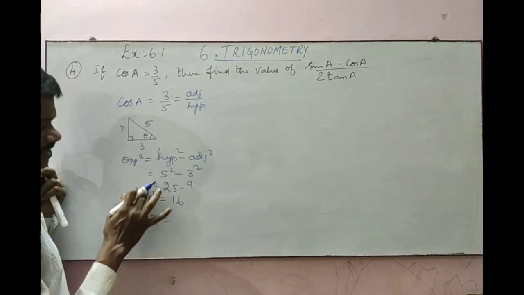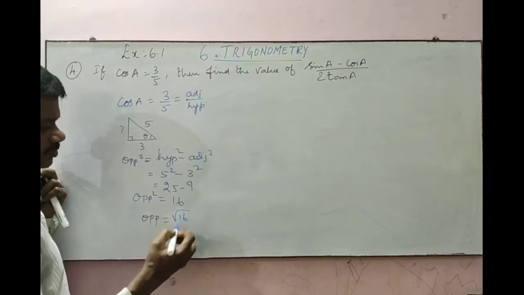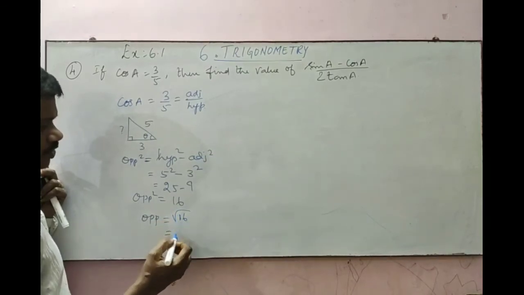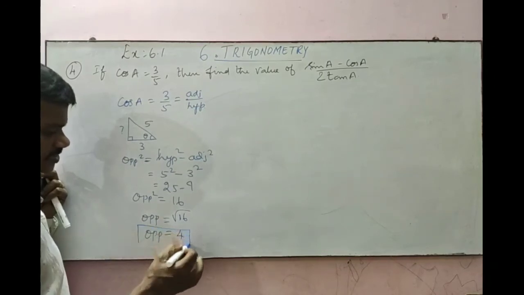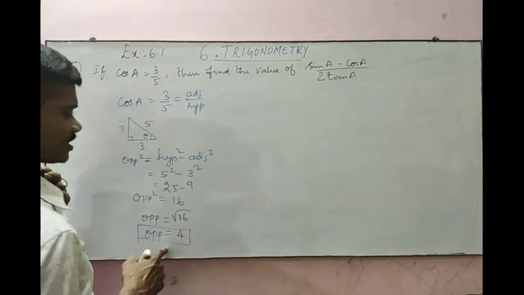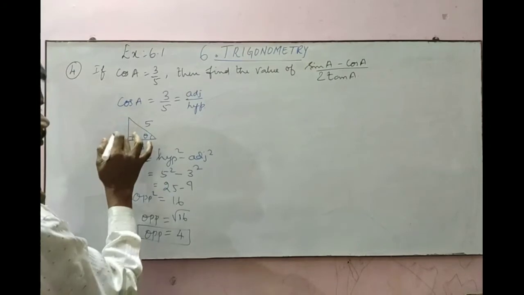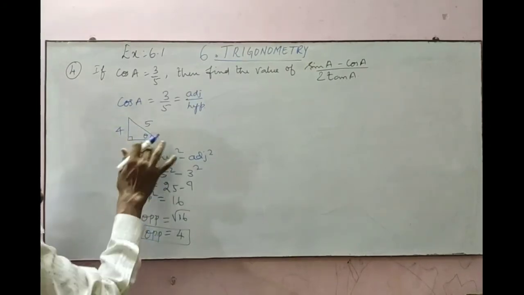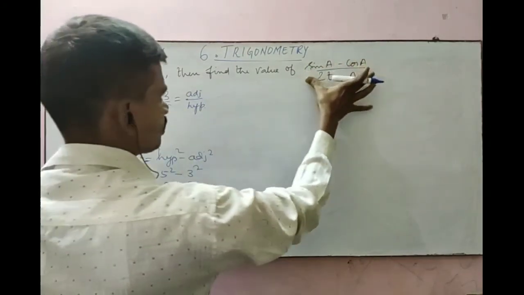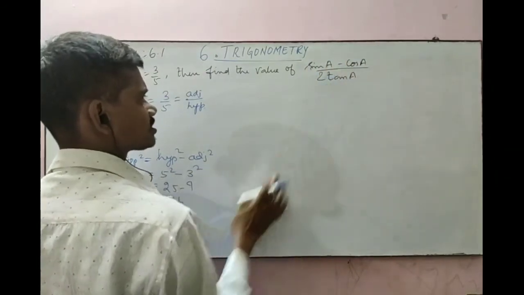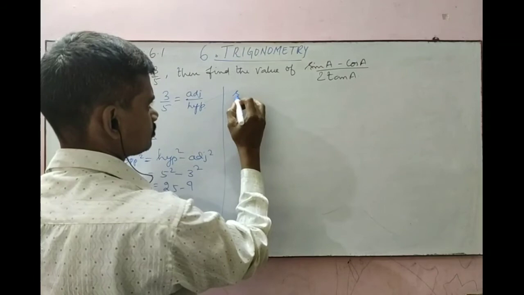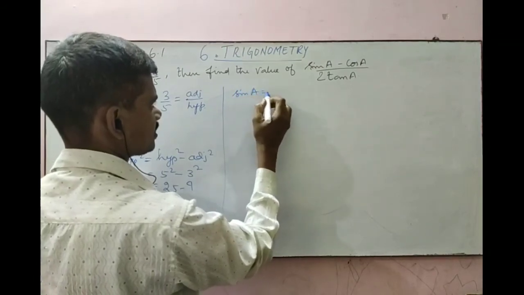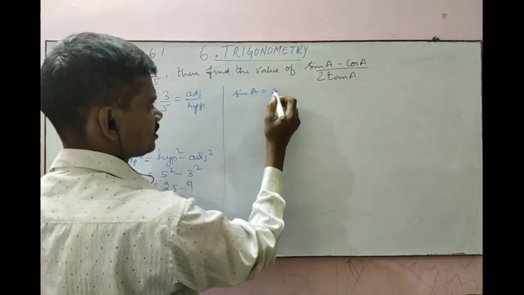So if you take the square to the right side, it becomes square root. Square root of 16 is 4. So the opposite side is 4. Now using these three values, you have to find the value of sin A minus cos A by 2 tan A. So first you write the value of sin A. What is the value of sin A?